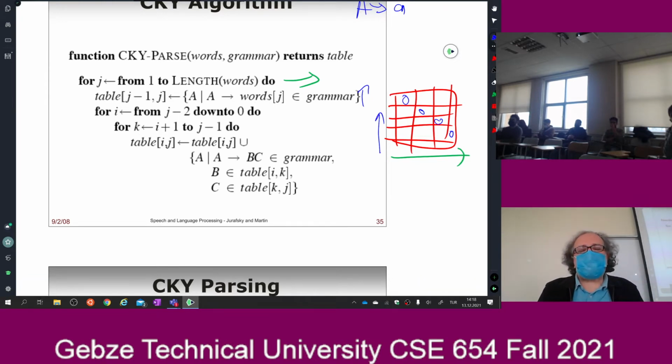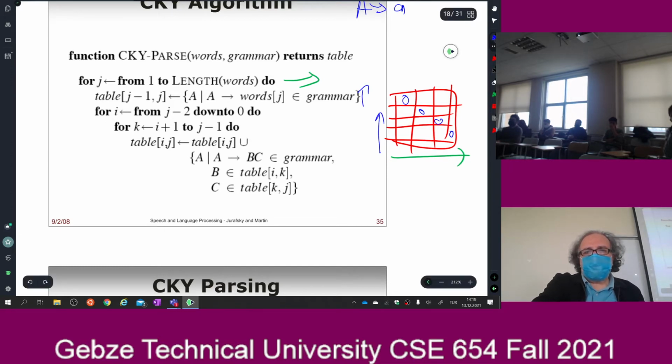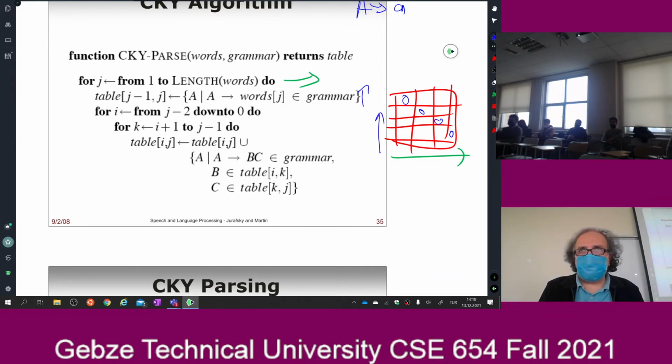Can I make sense out of this from i to k, then k to j? Do I see a B in i to k, and do I see a C in k to j? And there is a rule in my grammar that goes from A to BC.